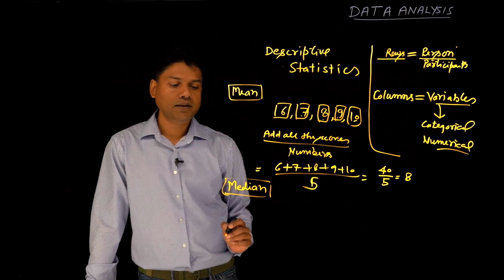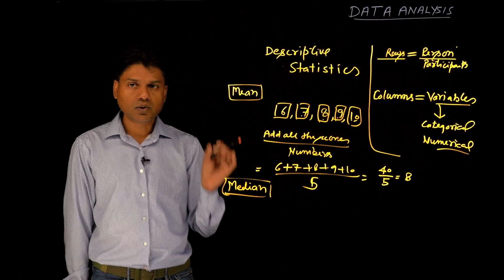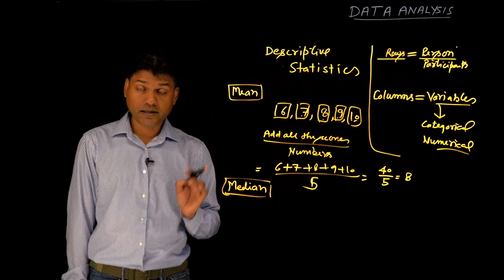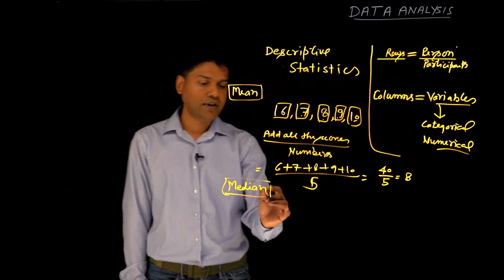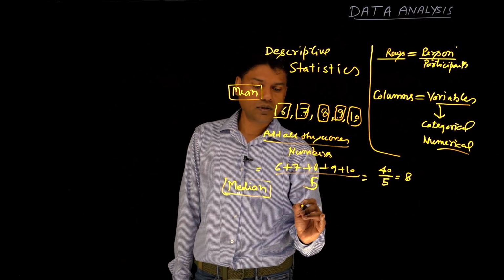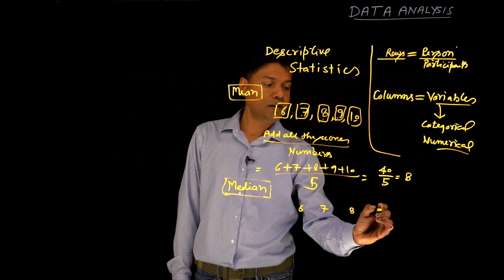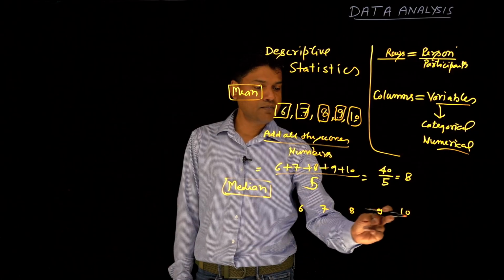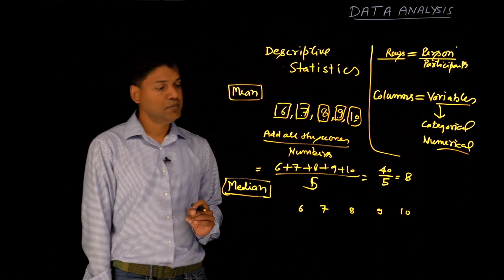Now median is the middle score of any data set. What is the middle value of any data set? Take the same example. If I have these 5 scores, 6, 7, 8, 9, 10, and let's say these are the stress levels of my 5 students that I measured.